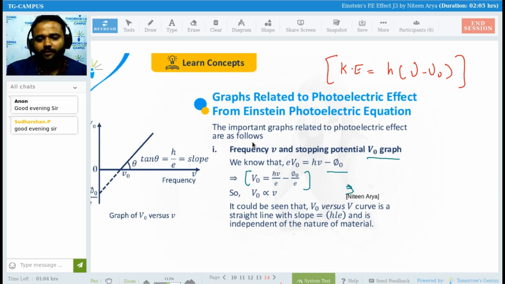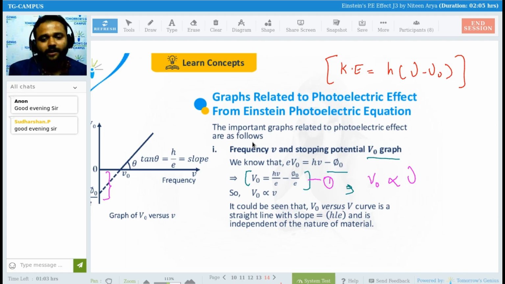From this relation, the simple thing we can find is that stopping potential is directly proportional to frequency, because this is fixed and the charge on an electron is also fixed. In this way you can find this relation. This negative aspect is this: your stopping potential can go into the negative range because of this equation.